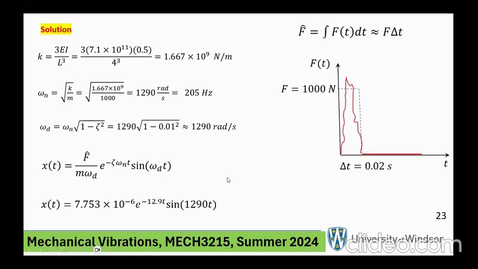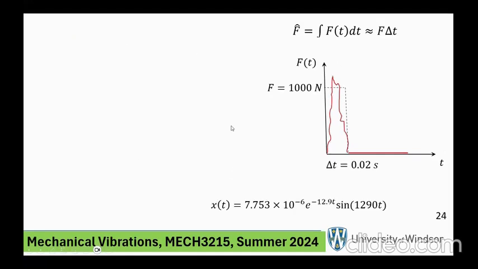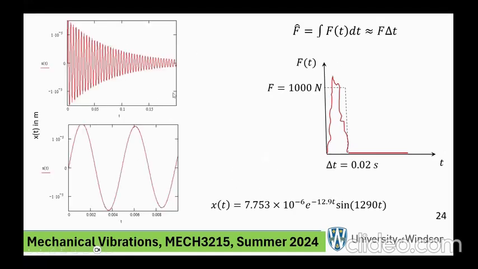Okay, now we can plot this, the response of the function, the position of the tip of the wing basically as a function of time. It's a decaying solution. If you look at only a very short period of time, you can see it's oscillating, but the amplitude is decreasing, as you can see here.